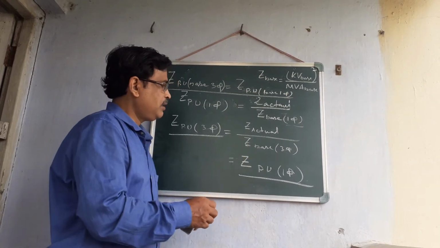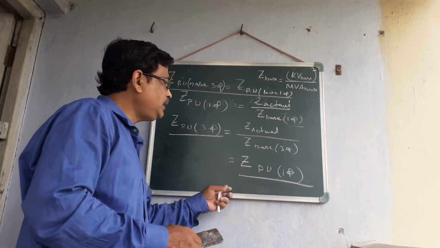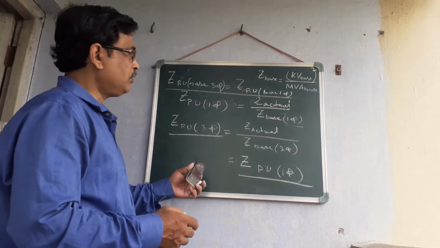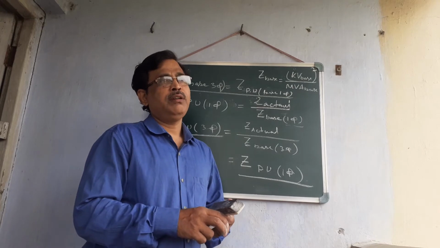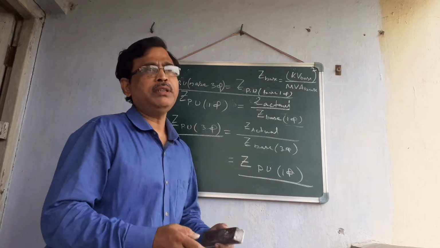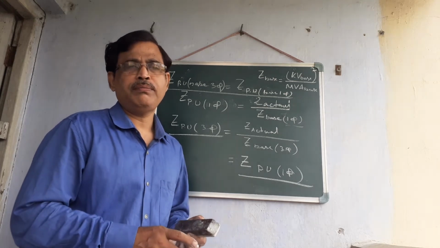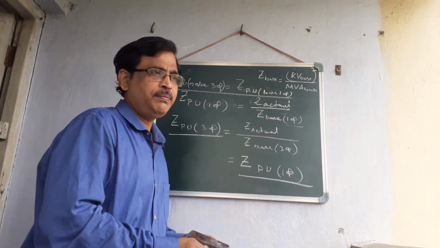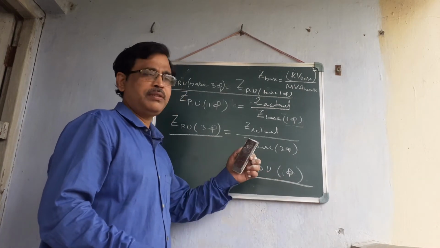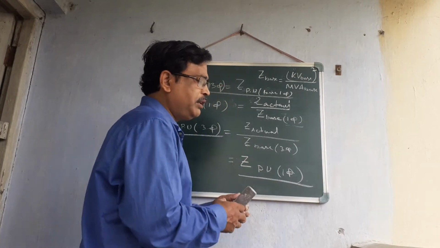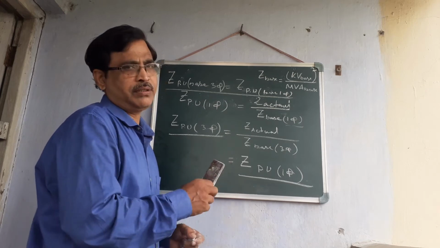From this important conclusion, we can conclude that in a three phase symmetrical system, in the per unit method, everything is calculated in the single phase system, because Z per unit three phase system equals Z per unit single phase system. So in per unit method, all calculation is in single phase system.